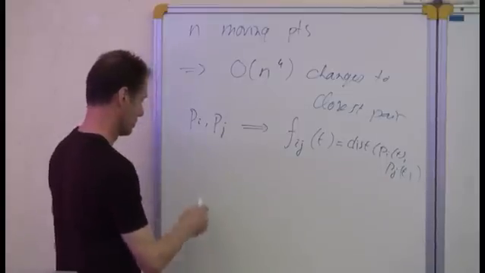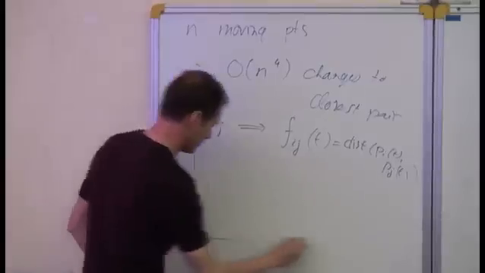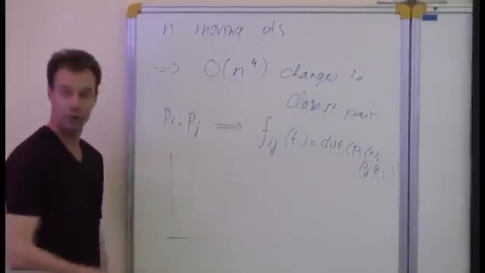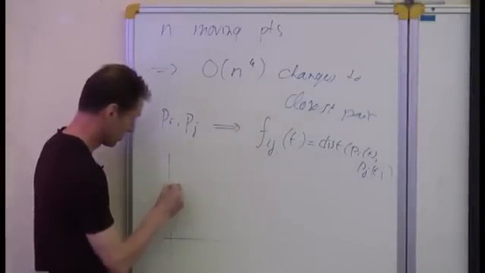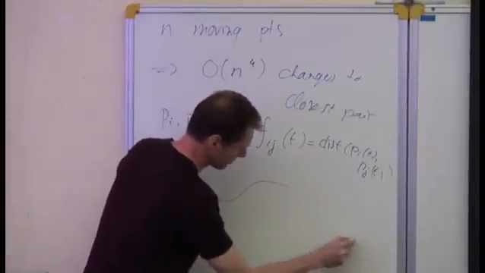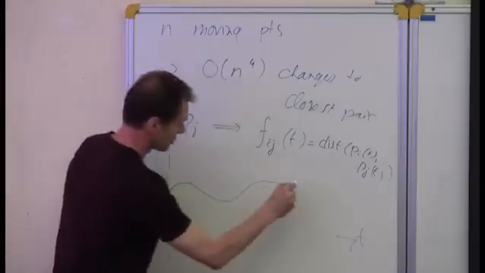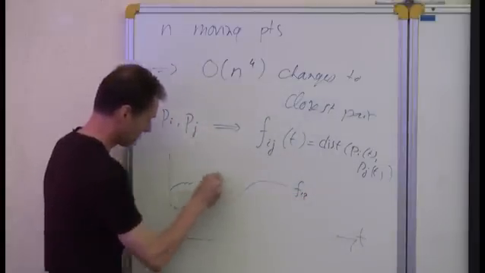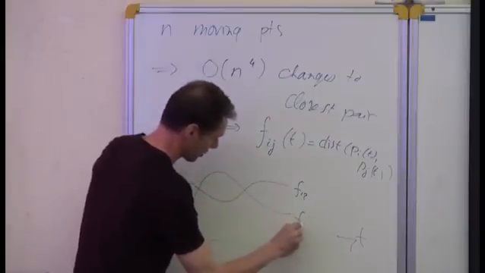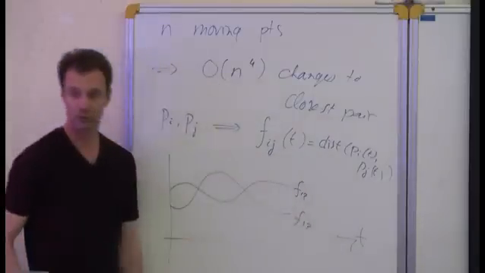Okay, so let me plot all those distances. Here I have my function, so this is t. This is f1,2. Here I get f1,3, and so on.